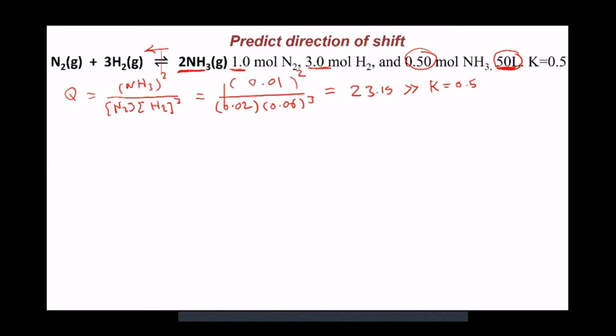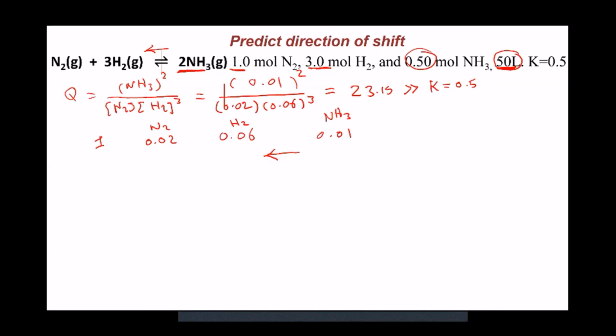So you have the initial condition with 0.02 of nitrogen, 0.06 of hydrogen, 0.01 of ammonia. And as we said, we expect the reaction to go back to the left-hand side to consume some of the ammonia.